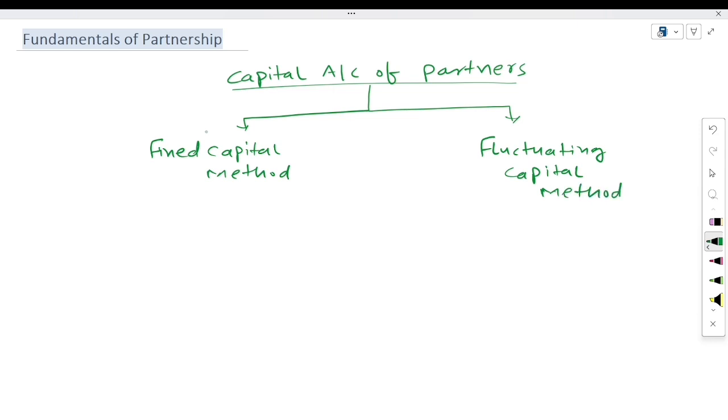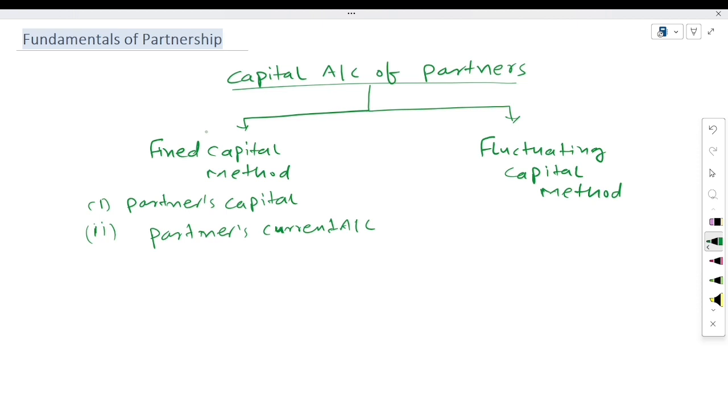Under the fixed capital method, we will prepare two types of account. First one is partners' capital account and second one is partners' current account.